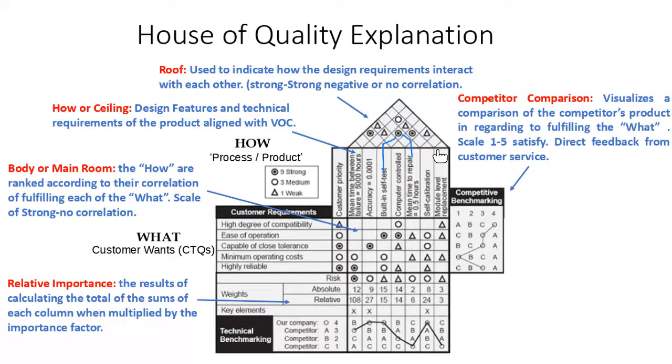The same thing, you do in all the other features to identify them. Again, if there is no relation between those features, you can leave them empty. You don't have to fill all of them. And this part, the roof part, as well as the ceiling, is filled by the engineers themselves in the company.